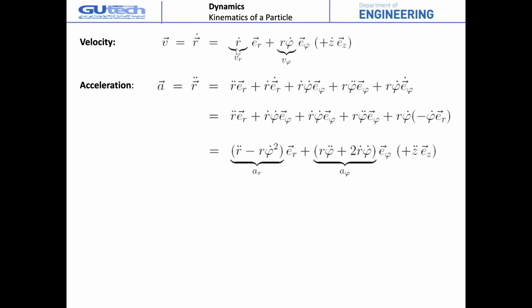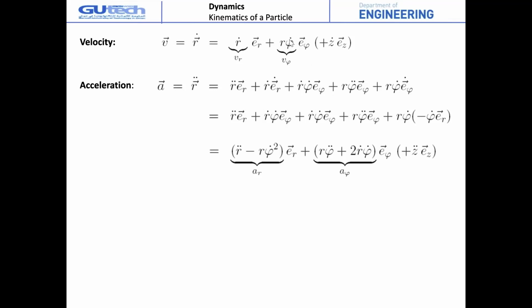Then we get the first one, d r dot over dt multiplied by er. Then we take der over dt multiplied by r dot, and we get the second term here.